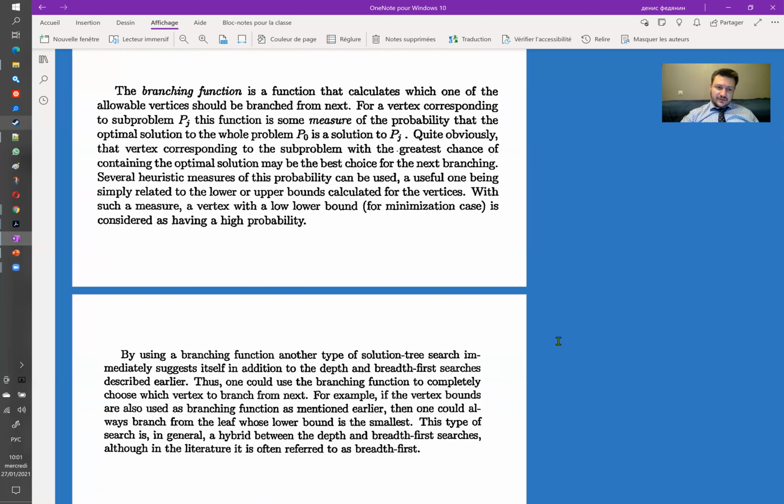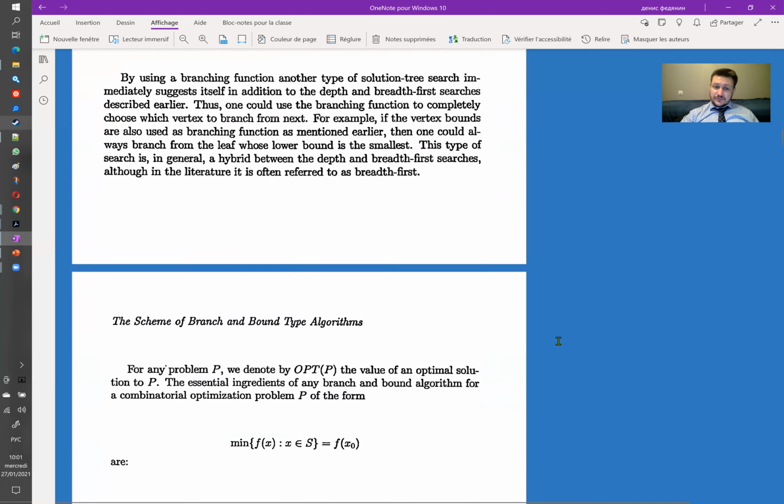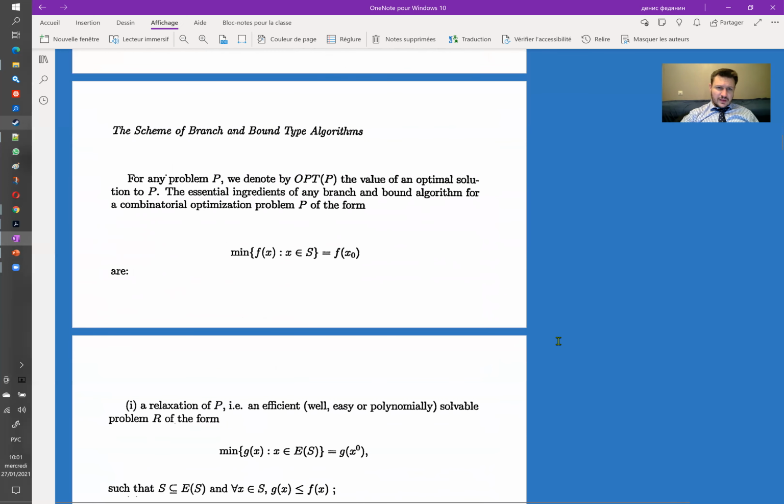Here we can find a description of this idea. Okay, we will need some notation. So we have P for problem, and we have opt from optimization, optimal.